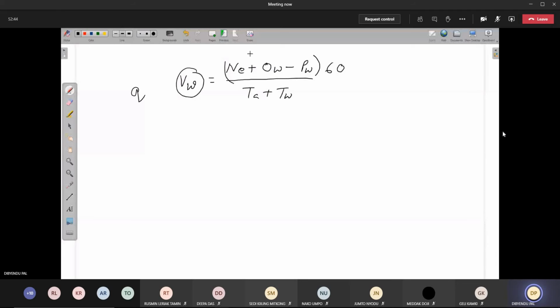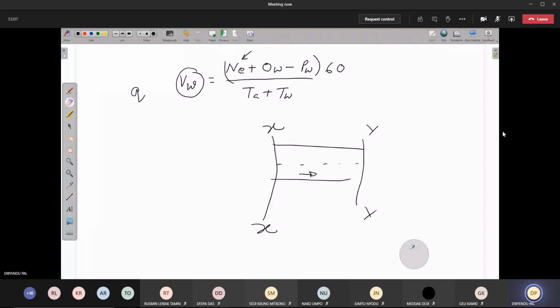What was that NE? This NE was the number of vehicles which were moving in the opposite direction. Basically, if you say this is the road, and your vehicle is moving towards the YY section we gave last class, if you remember, and this I have given as XX, for finding out the travel time.